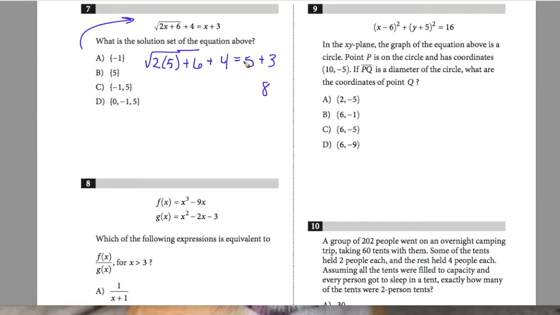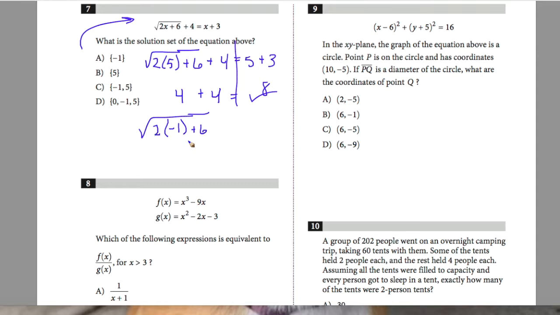So I want this to be 8 on the right side of the equation. Here I have 2 times 5 plus 6 is 16. Square root of 16 is 4. Plus 4 equals 8. So that does work. If I attempted to do this again, 2 times -1 plus 6 all under the radical. Well, here, 2 times -1 is -2.